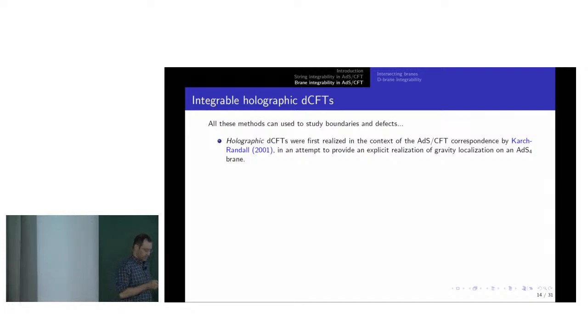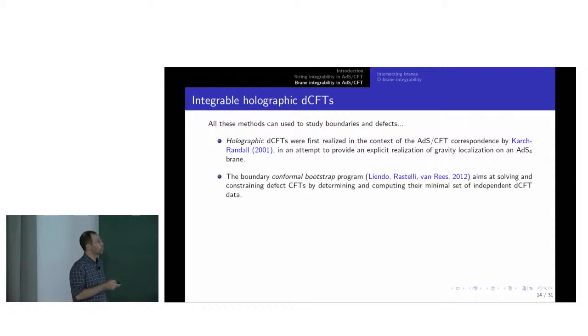In fact, they were brane deformations of the AdS/CFT duality, the AdS5 duality that I showed you before, by a brane.